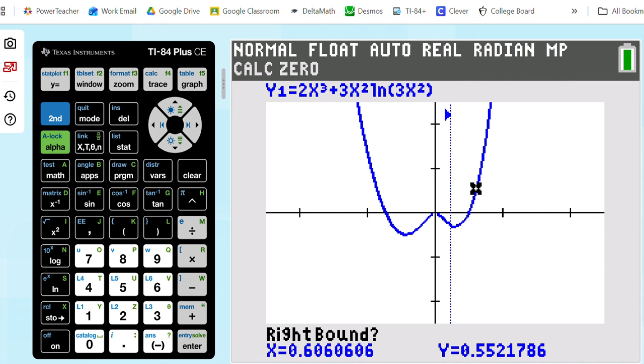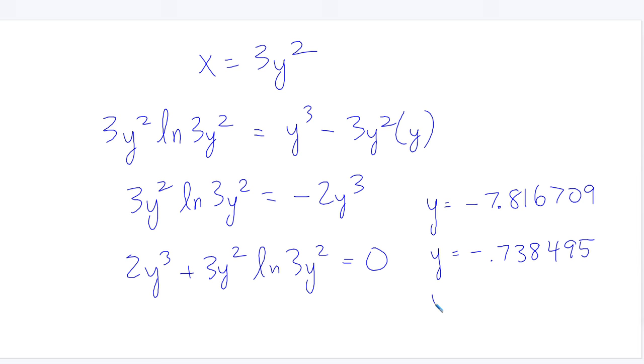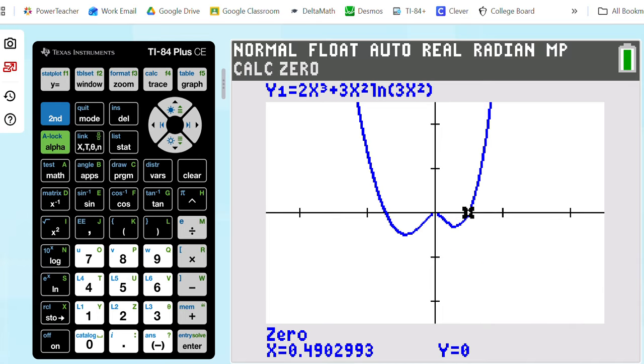And we'll find this other very obvious one, which is 0.4902993. So we have y is equal to negative 0.4902993.